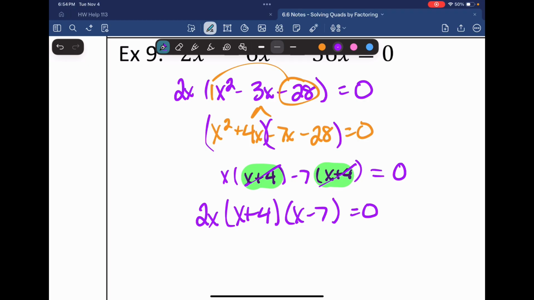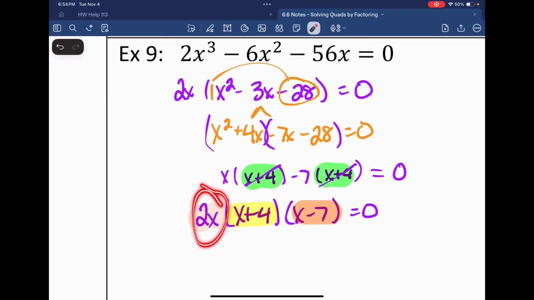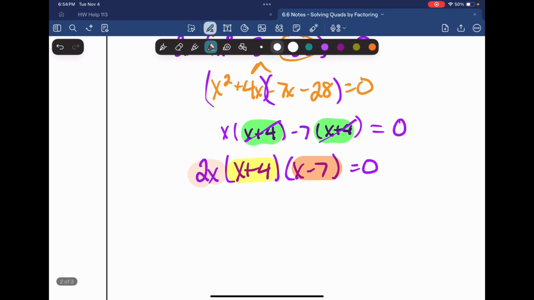All right, so what I have going on here, factor 1, factor 2, factor 3. For a factor to have a solution, it must have a variable. 2x has a variable, which means it has a solution.